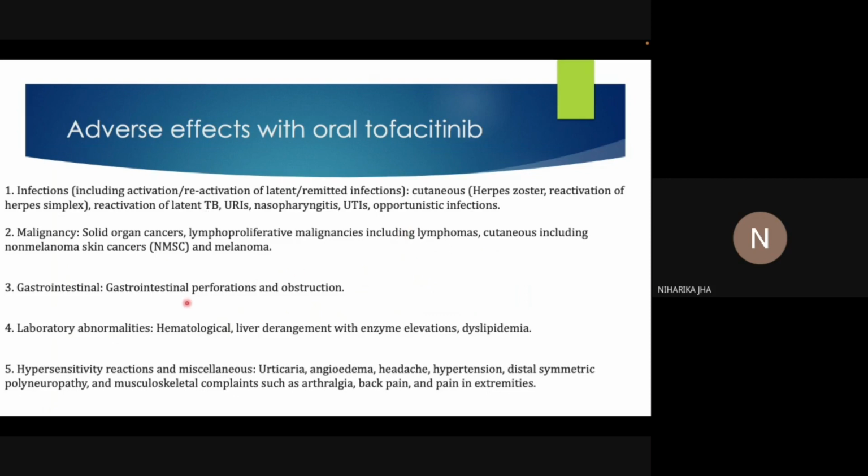GIT problems such as perforations and obstruction. Laboratory abnormalities such as hematological derangements, liver derangements, or dyslipidemia. Obviously, that is why we get a lipid profile done before starting the patient on tofacitinib. And hypersensitivity reactions such as urticaria, angioedema, backache, or other musculoskeletal problems such as arthralgia, hypertension, and headache can also happen.